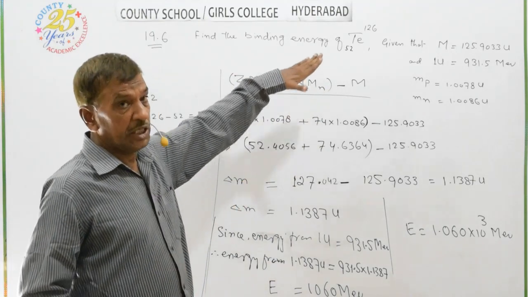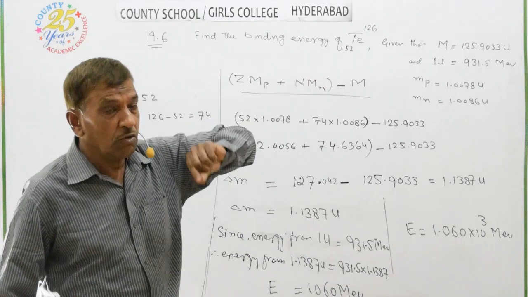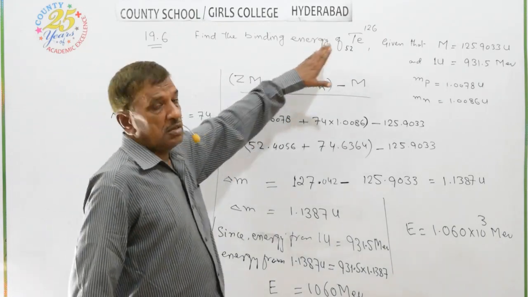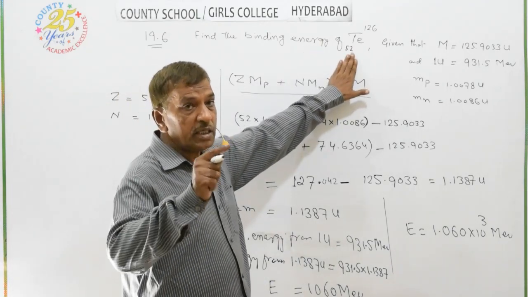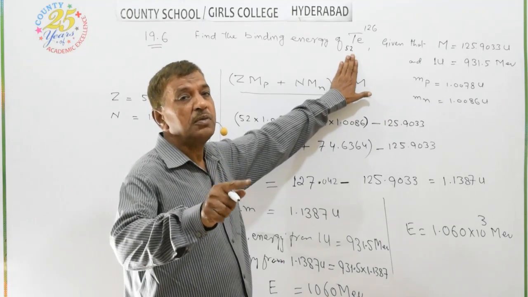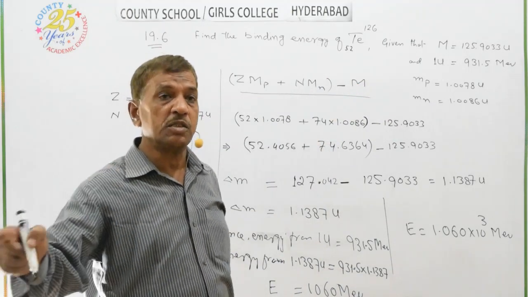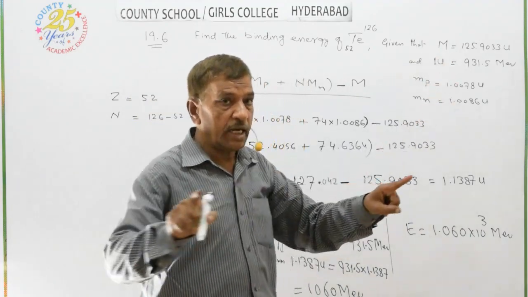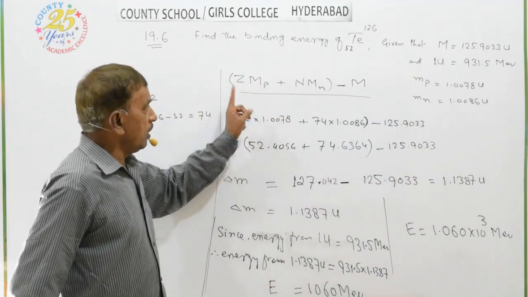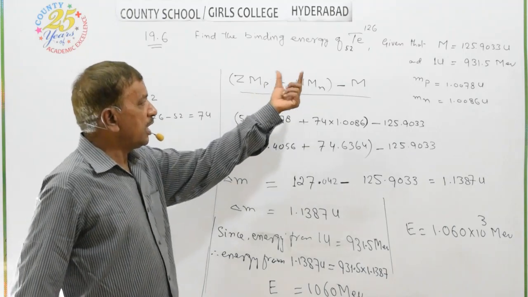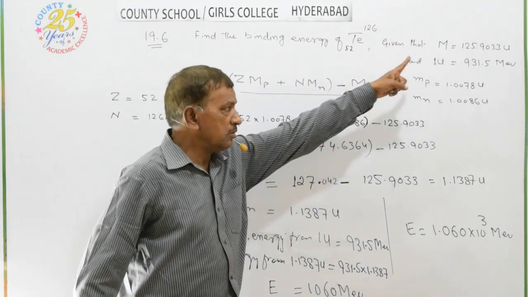There is tellurium and we are to find its binding energy. The binding energy is obtained with the help of the mass of the constituent nucleons and the mass given in the periodic table, and that difference will become the mass defect.